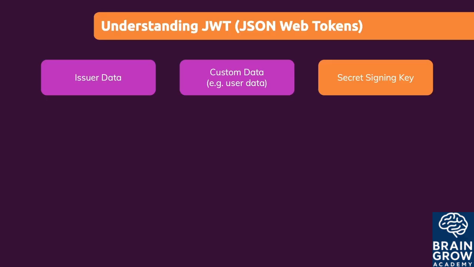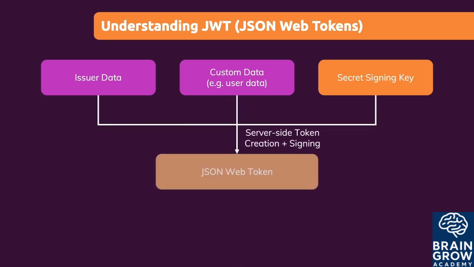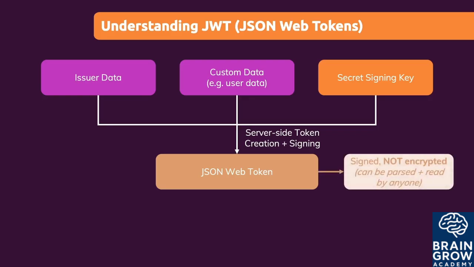Then we generate a token with some third-party package by combining all these pieces together, by creating a random string that incorporates all that data and is signed by that key, and that is that JSON Web Token, a long string. The important thing here is that signing does not mean encryption. The JSON Web Token is not encrypted.